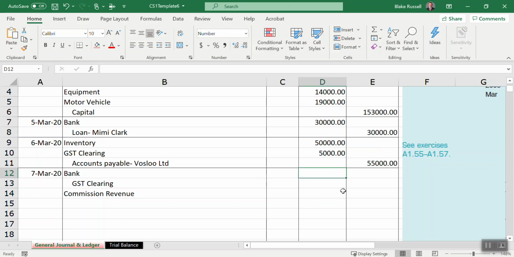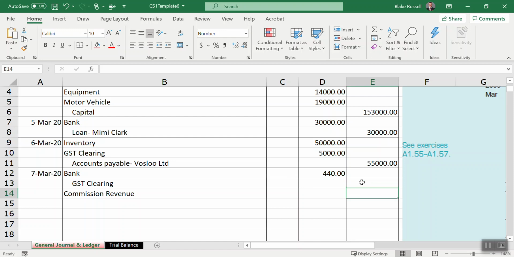All right, so my bank account's going to increase by $440. When I receive money, if I sell goods or whatever, I'm going to be crediting the GST account. When I buy things, it will be debiting the GST account. So the amount of GST I owe to the tax office will be increased.